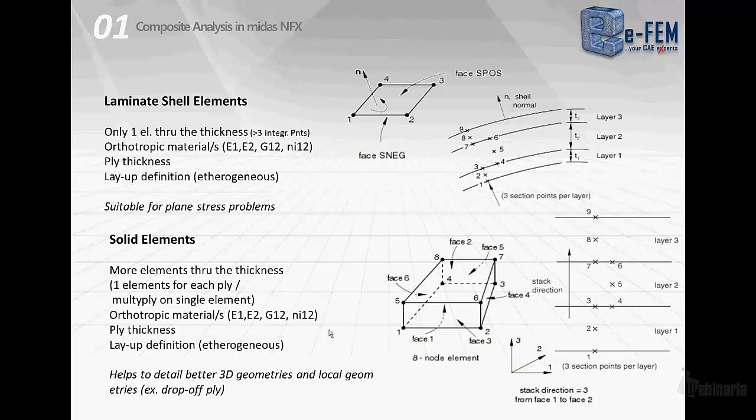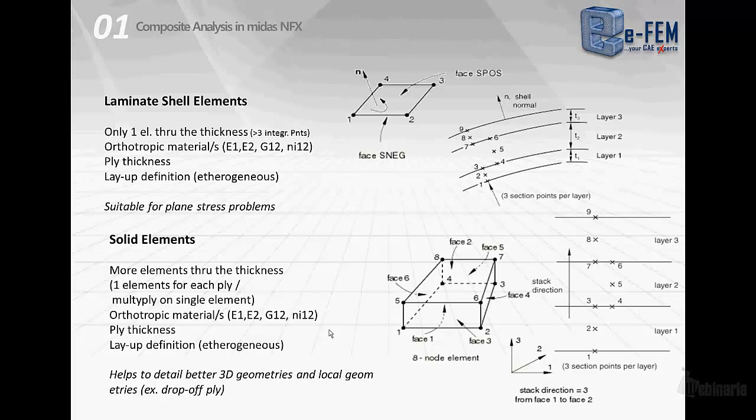We have plane elements and solid elements. The laminate shell elements are the plane elements and they are the widely used elements. The solid elements are typical of high-end simulation software. Which are the characteristics of both these elements?